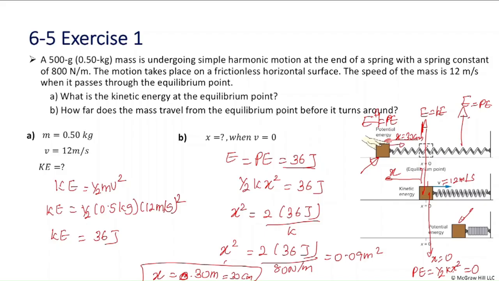So, this problem shows the beautiful energy exchange. At equilibrium, it's all kinetic, and at maximum displacement, it's all potential. But the total stays constant. Okay, great job everyone. With that last example, we have completed chapter 6.